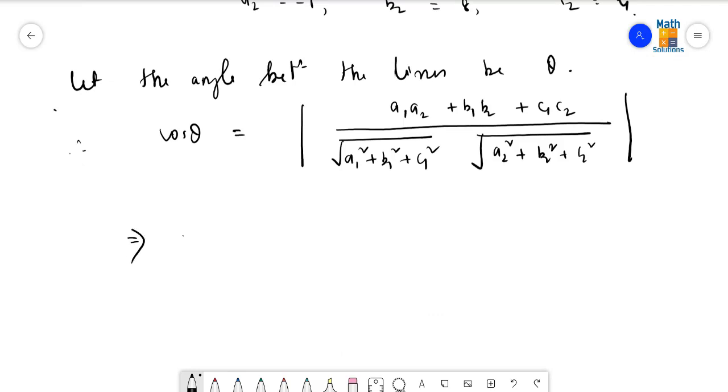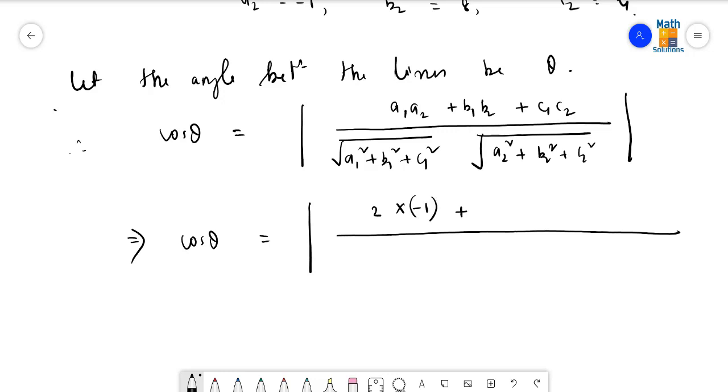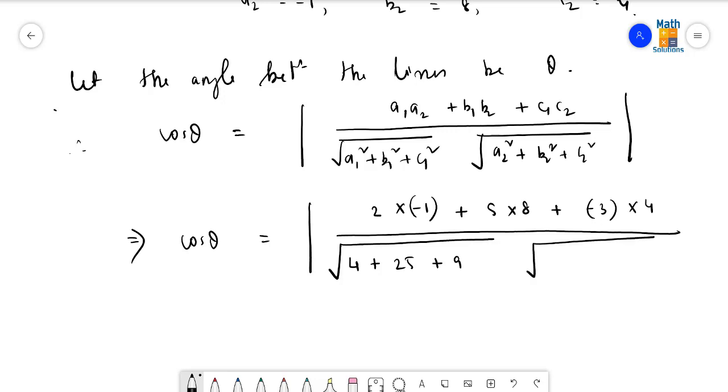After putting the values, cos theta is equal to, in place of a1 and a2 we can write 2 into minus 1, then b1 is 5 into b2 which is 8, then c1 is minus 3 and c2 is 4. Under root sign it will be 4 plus 25 plus 9. Again here I shall be getting 1 plus 64 plus 16.